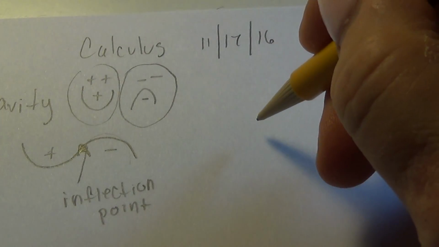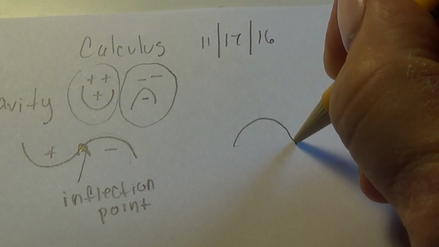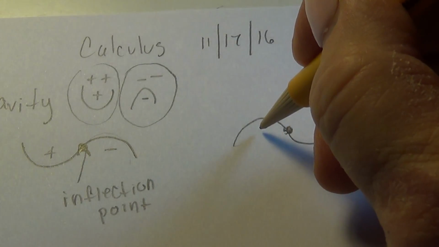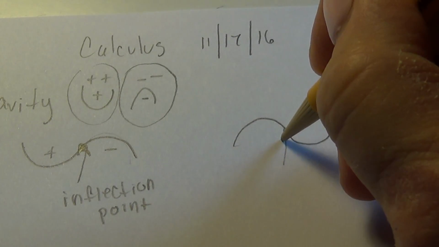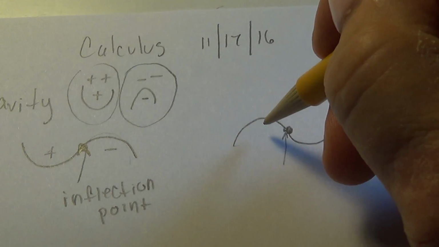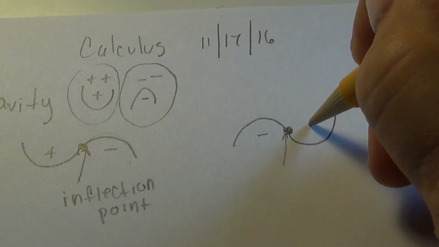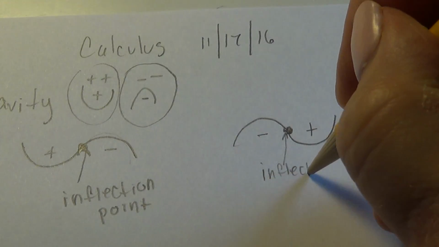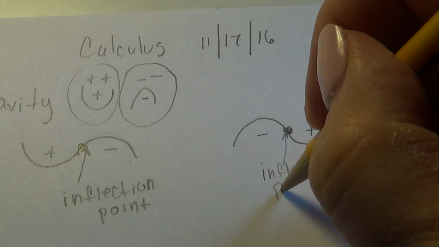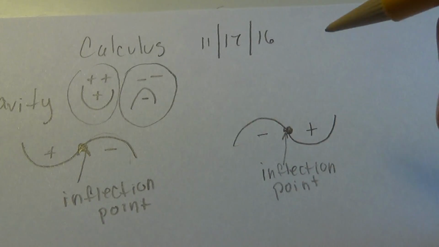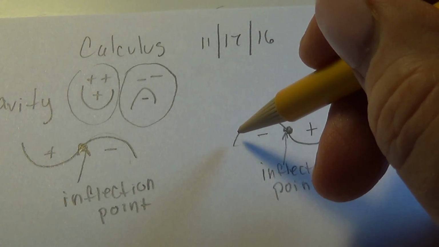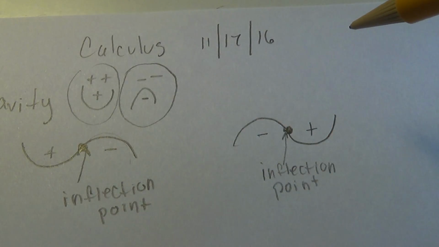Now what if it went from negative concavity to positive concavity? You see there is an inflection point right there where it's going from negative concavity to positive concavity. So another inflection point. And these inflection points always exist between changes in concavity.